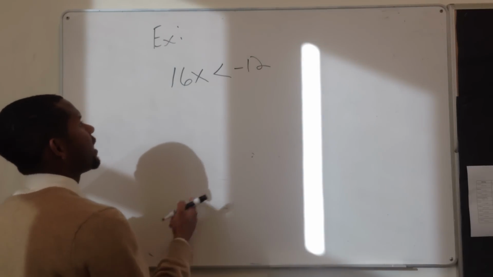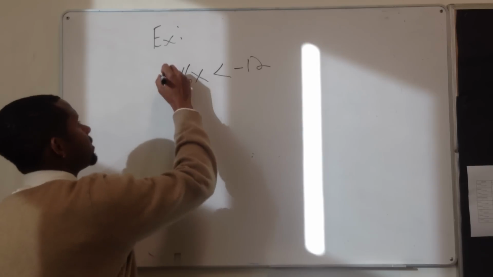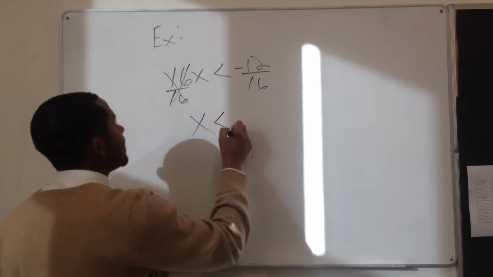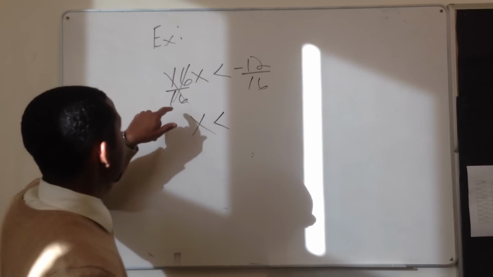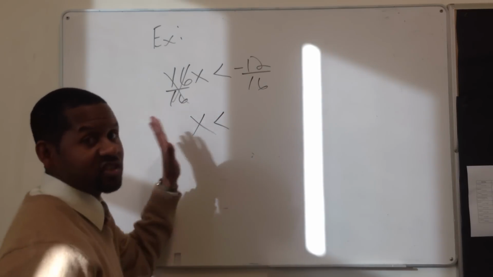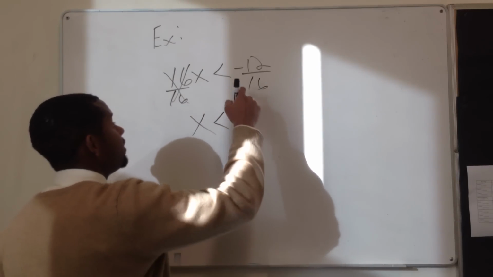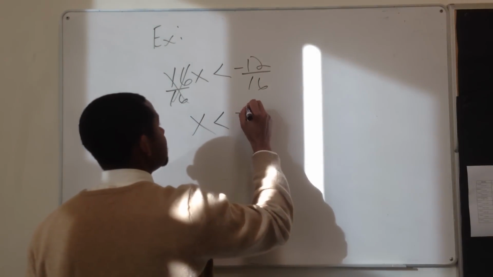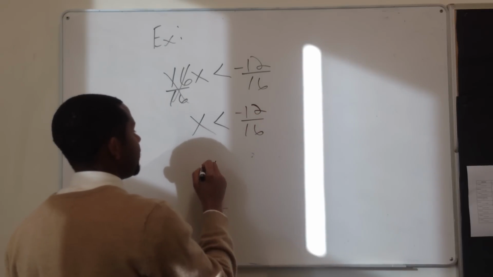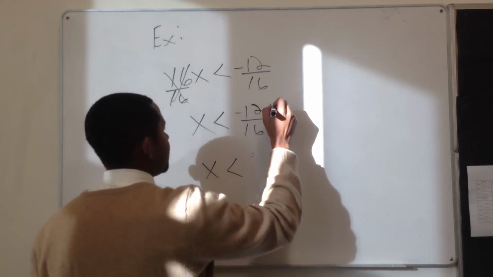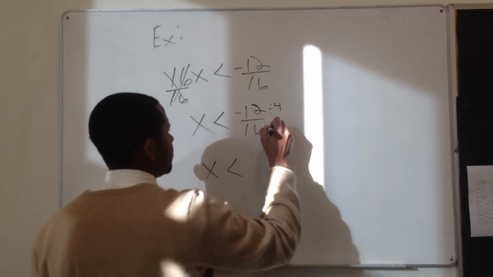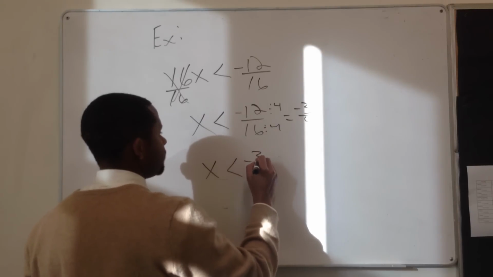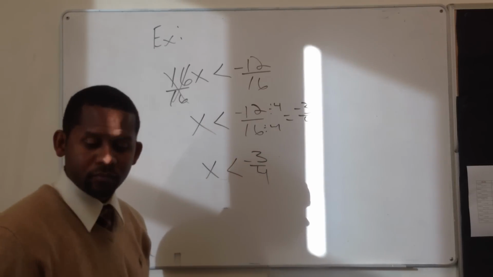And you're saying, okay, I need to get rid of this, divide by 16, divide by 16. X is less than. Notice, I divided by a positive on both sides, so I did not flip my sign. And I get negative 12 over 16, right? Which can be simplified. X is less than, divide by 4, divide by 4, negative 3/4. Okay?